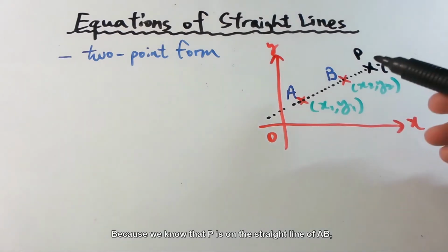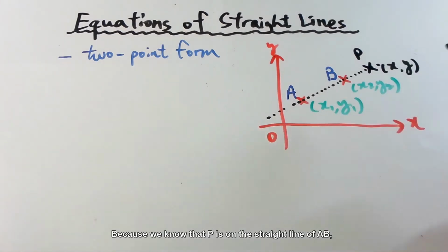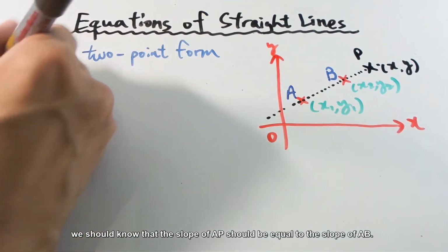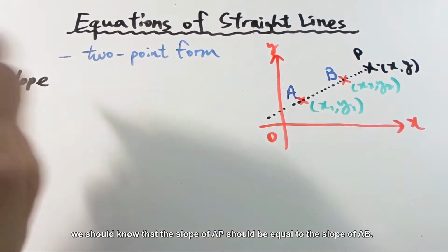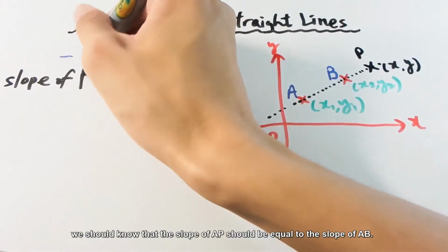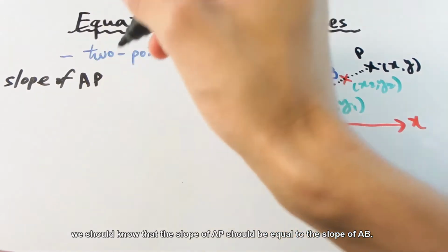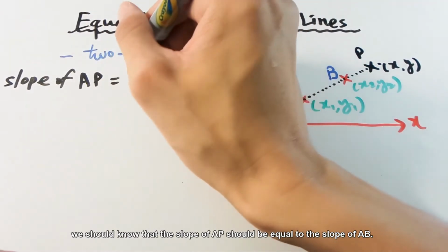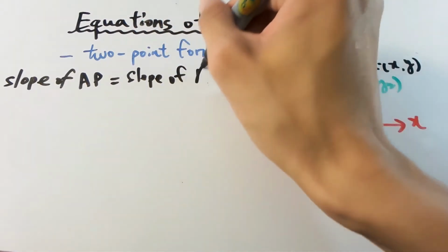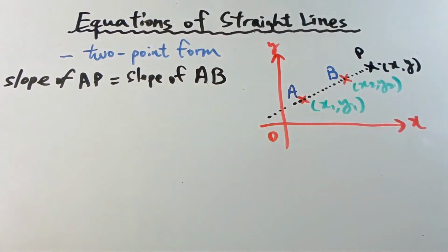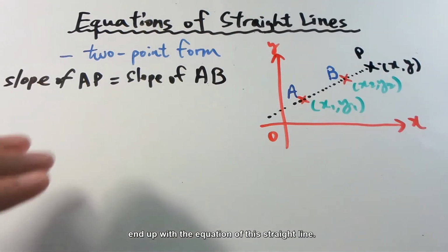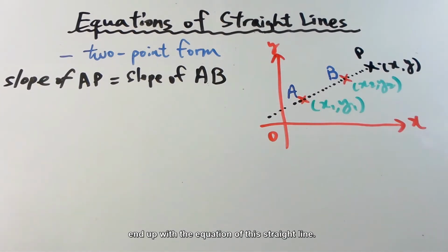Because we know that P is on the straight line of AB, we should know that the slope of AP should be equal to the slope of AB. With this piece of information, we can develop further and end up with the equation of this straight line.